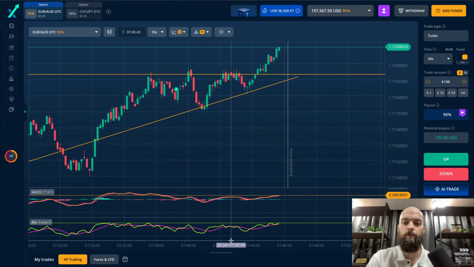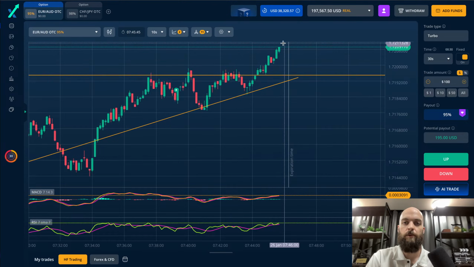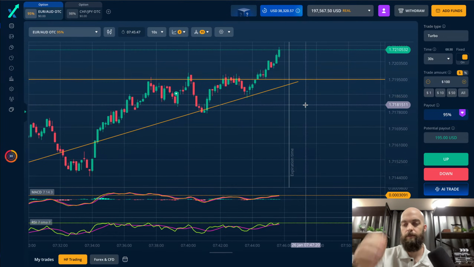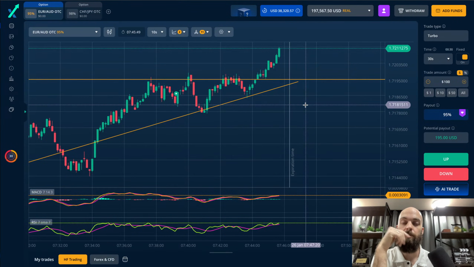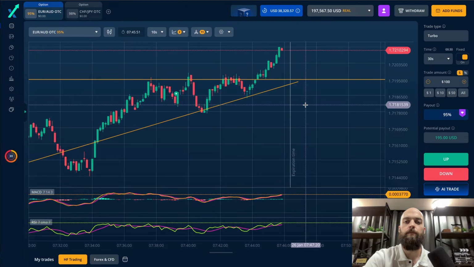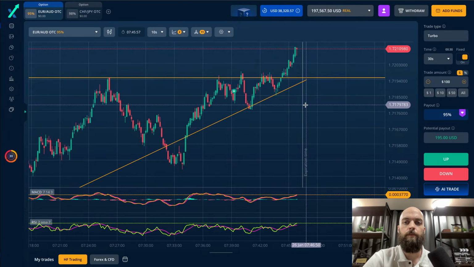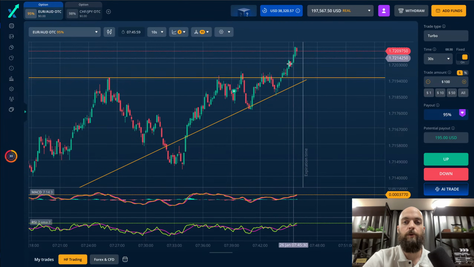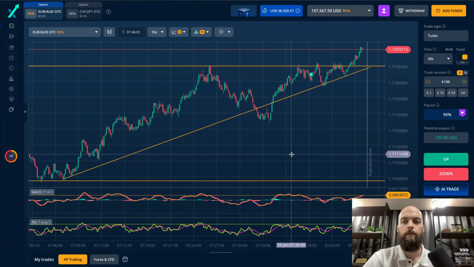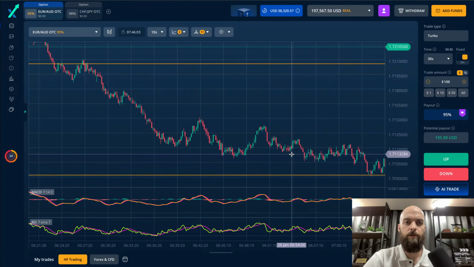See, our momentum's rising. So maybe we'll get a price stretch down, get a call. So it's broken through pretty well. Let's see if there's another.